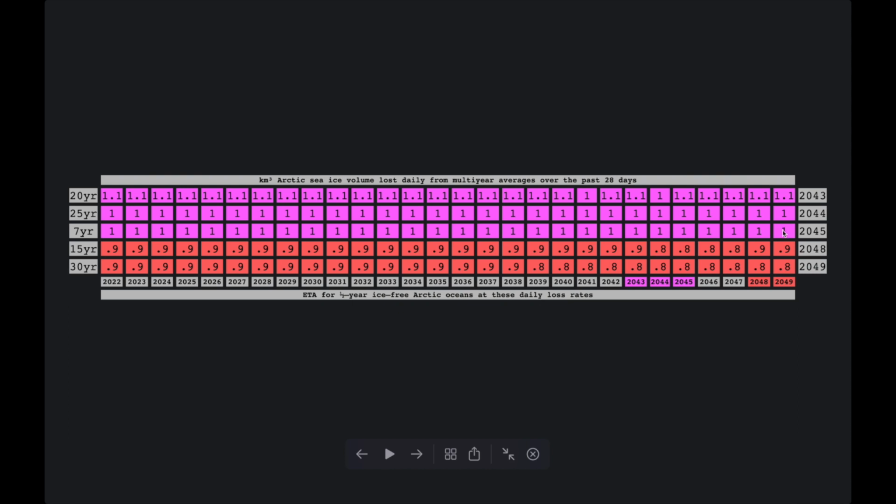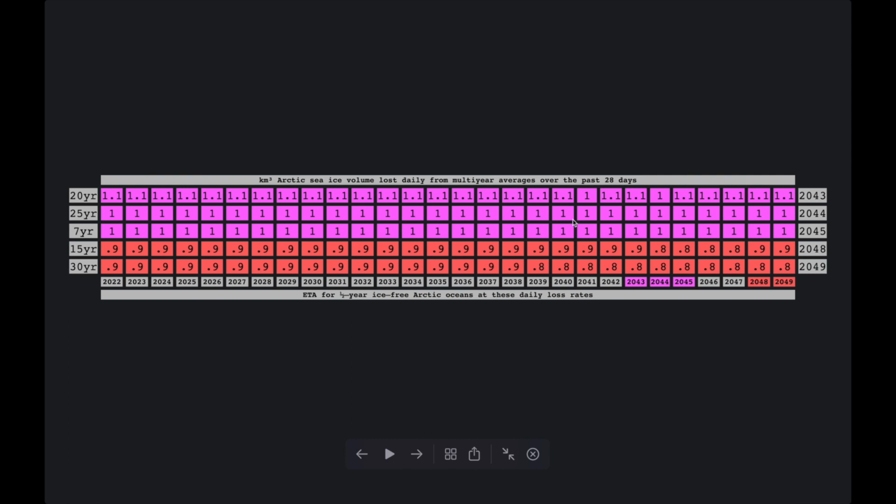So the estimate here is for 2045, if the speed of decline for the 7-year graph is the correct one to go by. But of course we don't know. We don't know if it keeps up at the same pace, and we also don't know if the 7-year graph is the most helpful. Therefore we have other options.